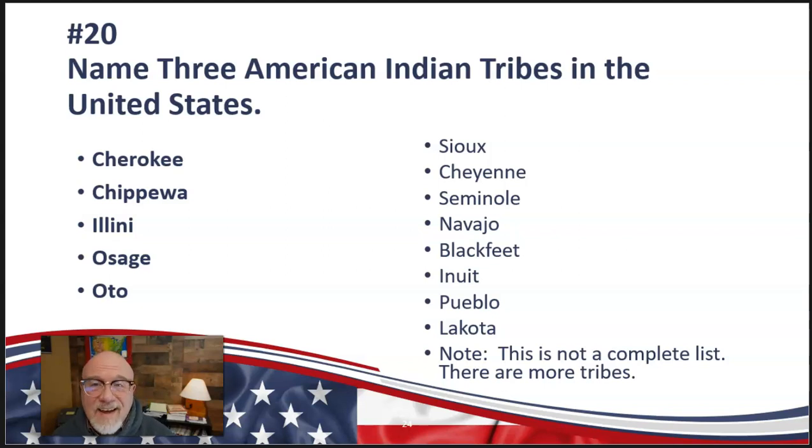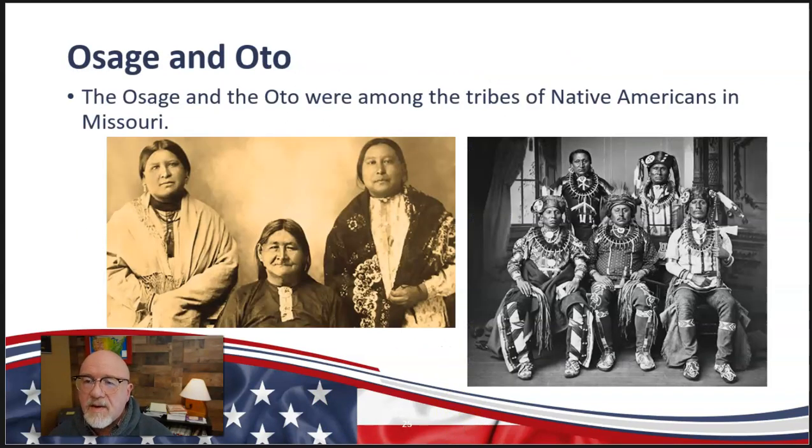Note that this is not a complete list, but select 3 American Indian tribes and remember them. And some of the largest ones were the Cherokee and the Chippewa. And here in the Missouri area, the Osage and Oto were among the tribes of Native Americans in Missouri.